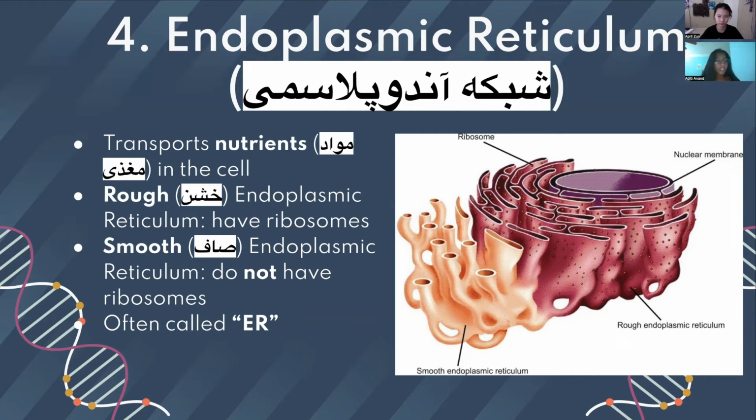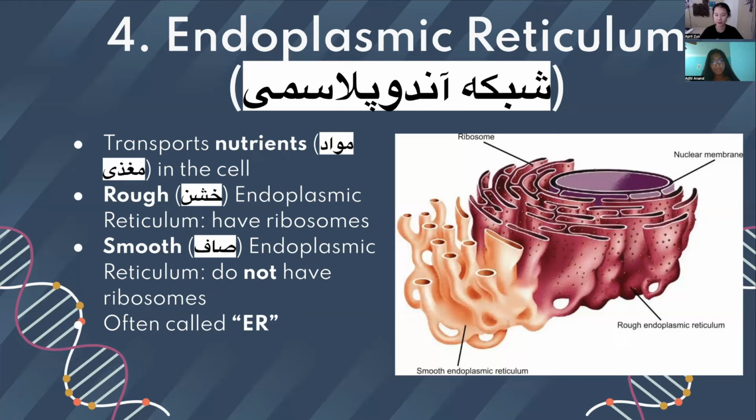So then it's easy to understand what a smooth endoplasmic reticulum means, and that is just that it does not have ribosomes on it. You can always call it the ER because endoplasmic reticulum is a long word to say. And you can understand rough and smooth just based on looking at it.